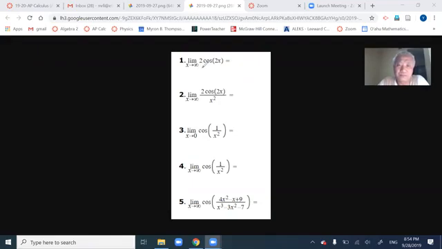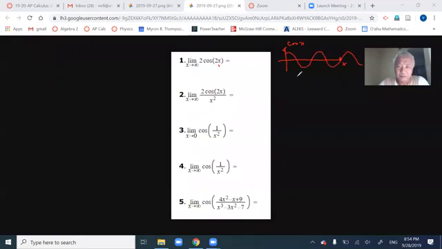So let's look at it here. X approaches infinity. When x approaches infinity, you know the cosine graph is this. This is the x, this is the cosine of x. The graph is like this, keeps going forever.